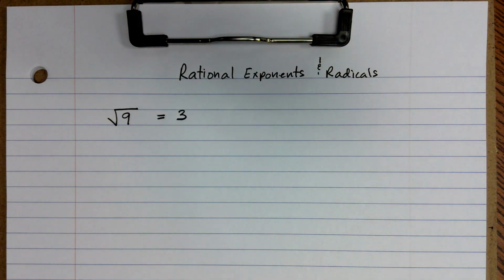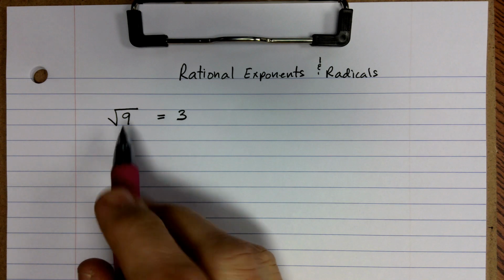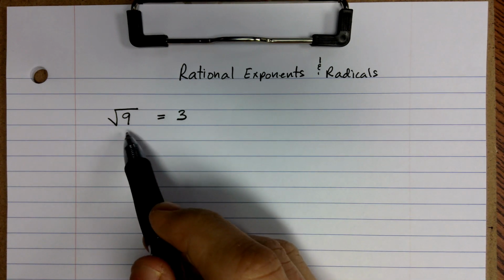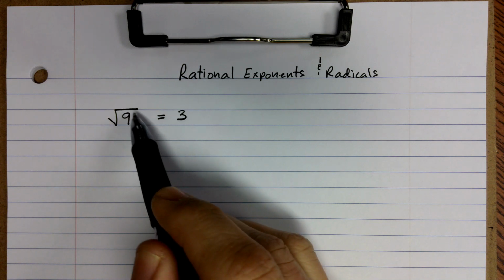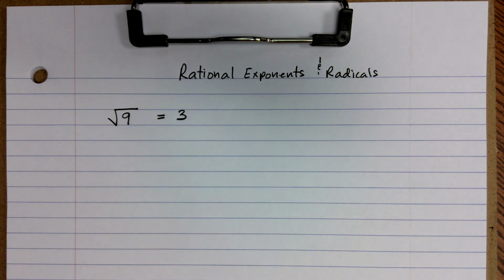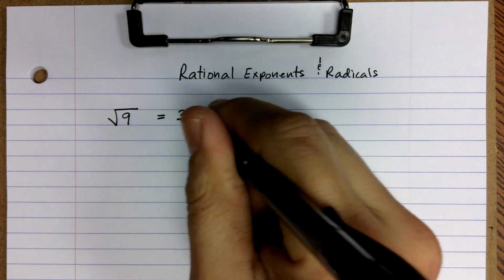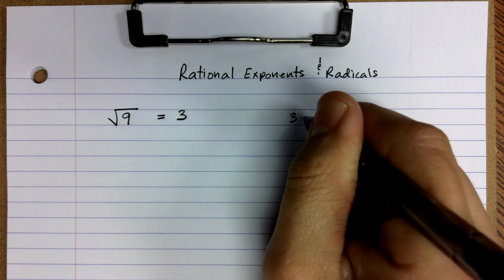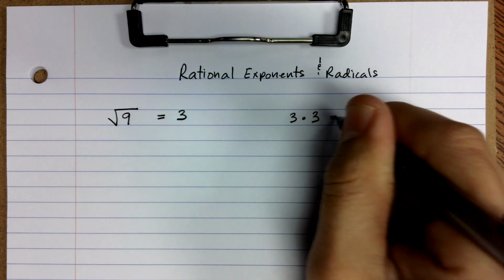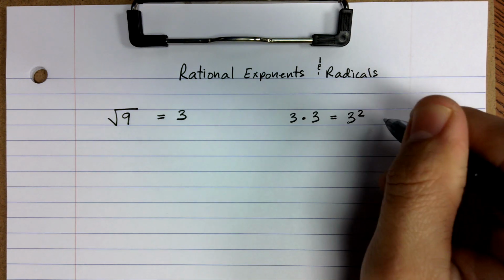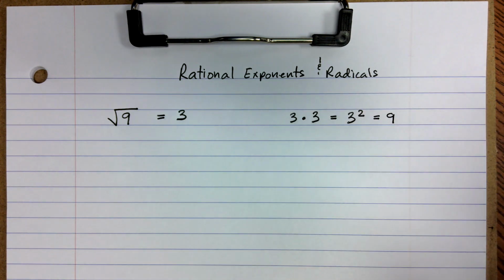Now there's a few components here, and one of them is invisible. Anytime you've been given a square root, what you're really being asked is what number times itself gives you the number that's inside of the radical. And I want to talk a little bit about that idea. In other words, since 3 is the answer, we could also say that 3 times 3, or 3 squared, is simply equal to 9.